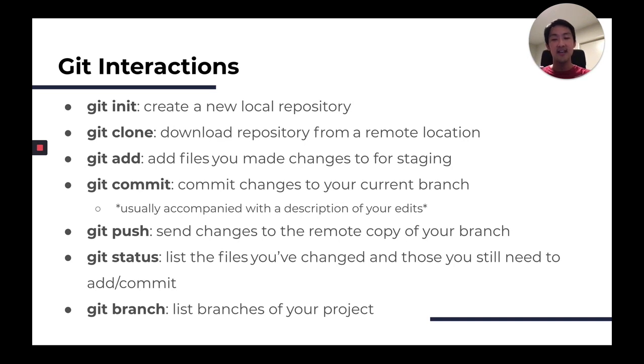This is just saying, hey, what is the status of my project, of my Git repo? What files have changed? What files didn't? What have I added? What have I staged? And then Git branch simply lists the branches of your project, similar to that drop-down arrow that you saw in the GitHub interface.